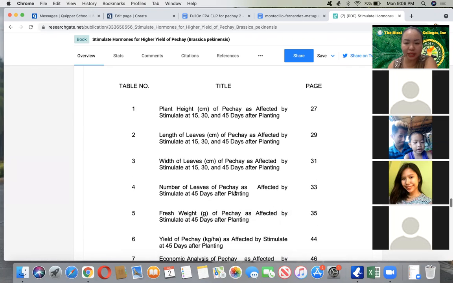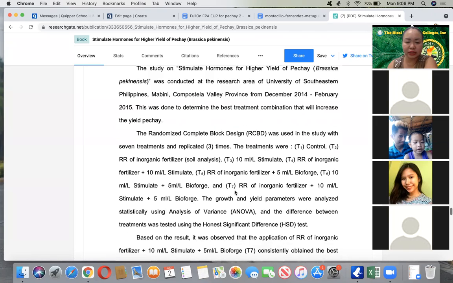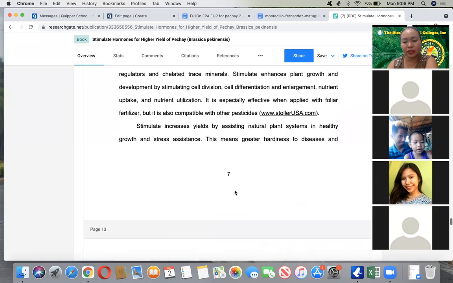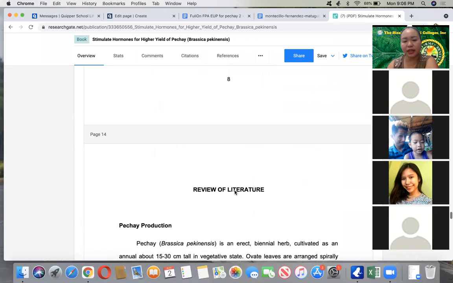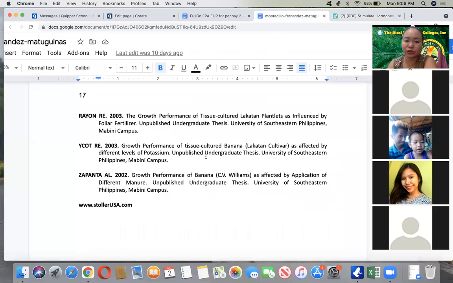So there is a list of tables and then list of figures, and then you will have abstract, introduction. You will also have a review of literature in the manuscript form, because what I showed is the journal form.